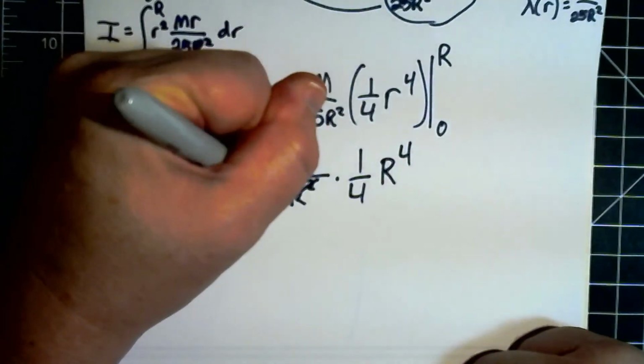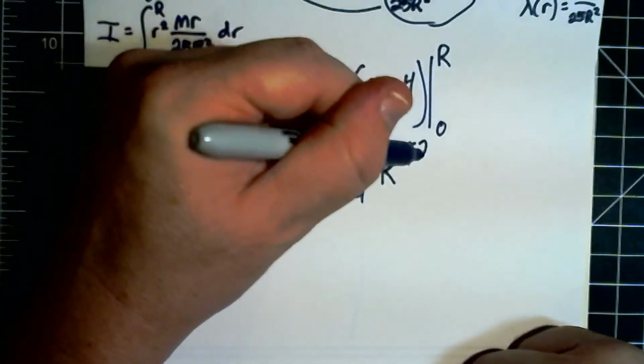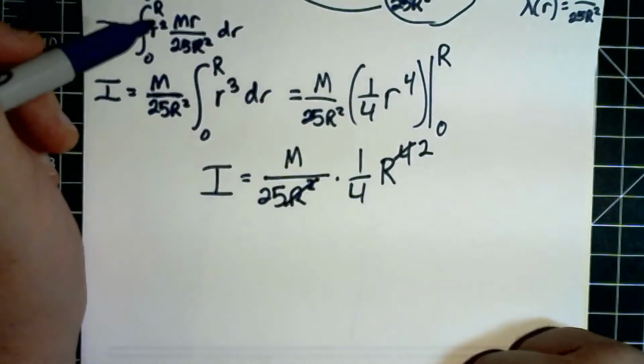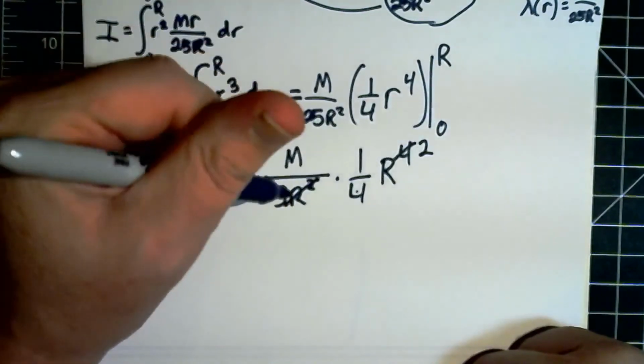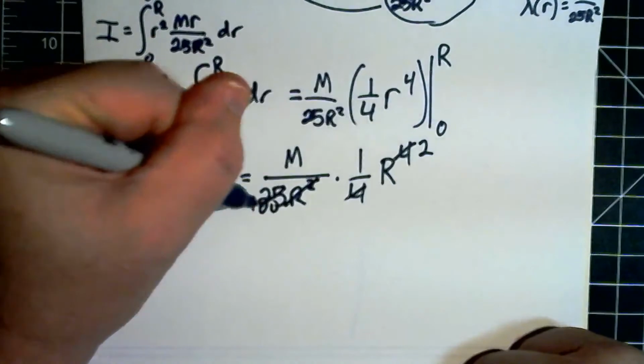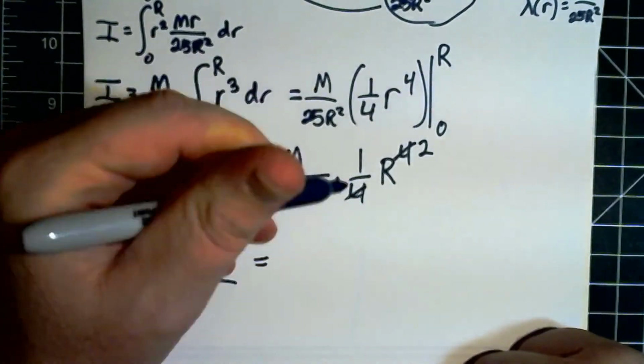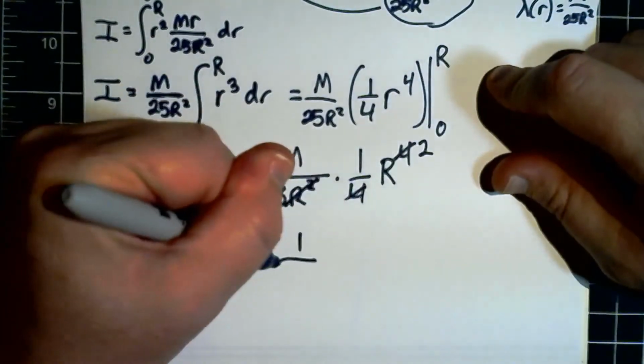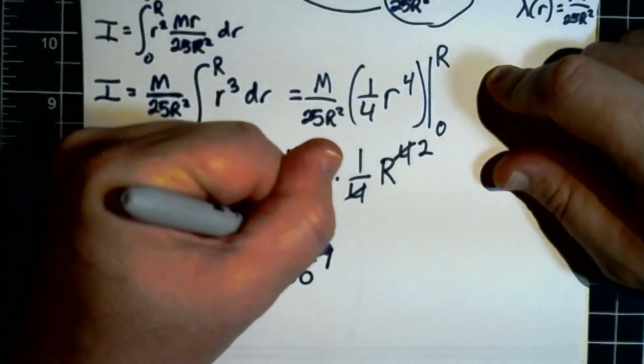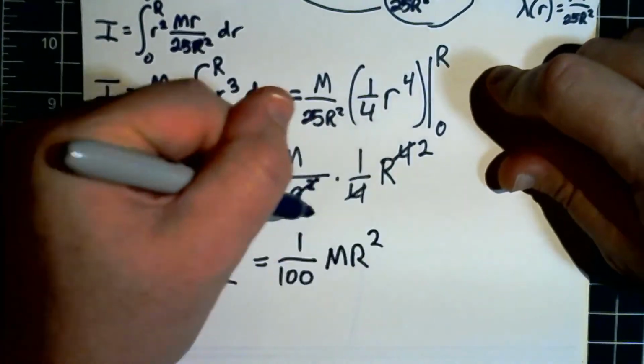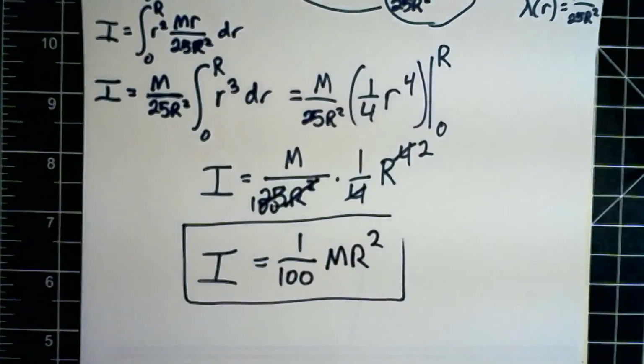This R squared on the bottom goes away. The one on top changes to 2, and 25 times 4 is 100. So our final solution is 1/100th m capital R squared. All right, and that is the derived expression for the rotational inertia of that wedge.